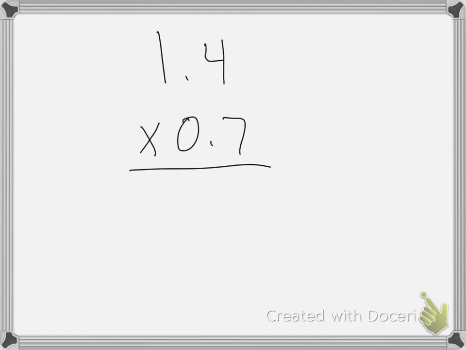Okay, try again. 1.4 times 7. Again, just ignore the decimals. So I'm going to do 7 times 4 is 28. Carry my 2. 7 times 1 is 7, plus 2 is 9. Now I'm going to count how many digits there are to the right of the decimal places.